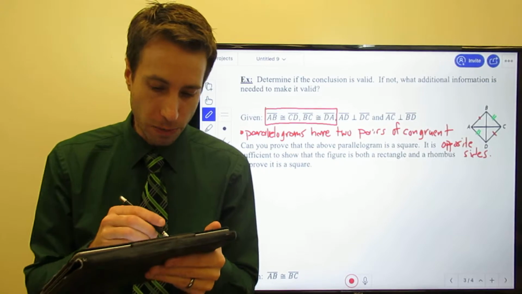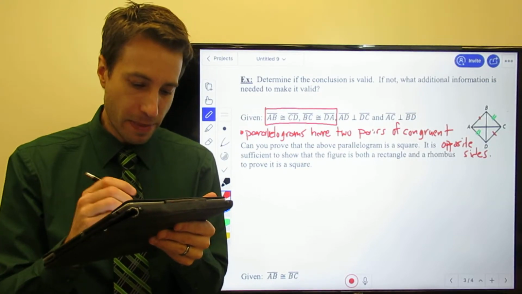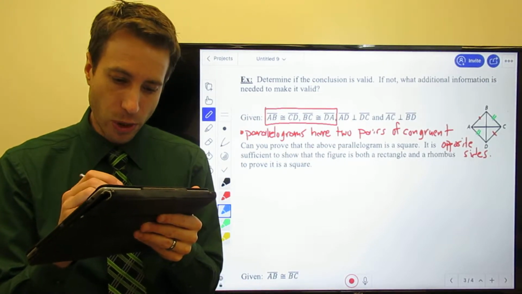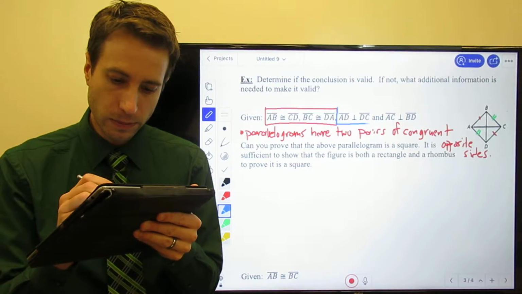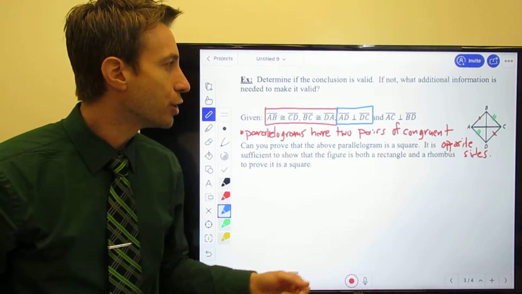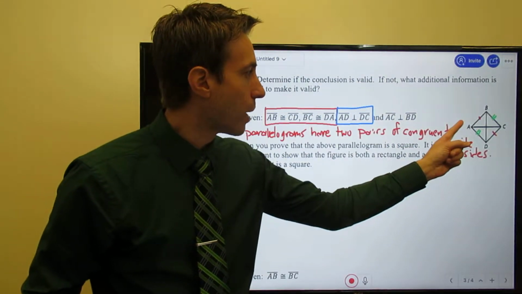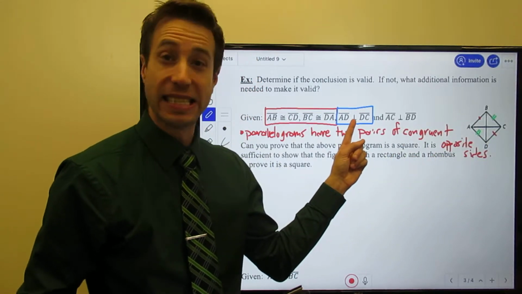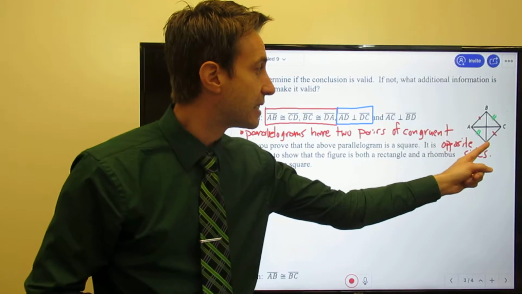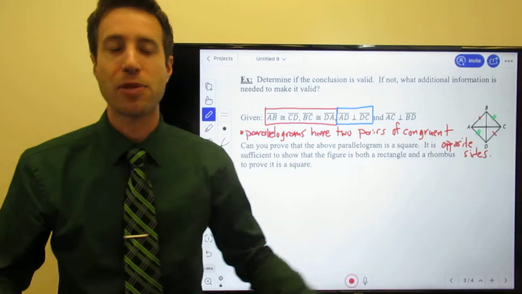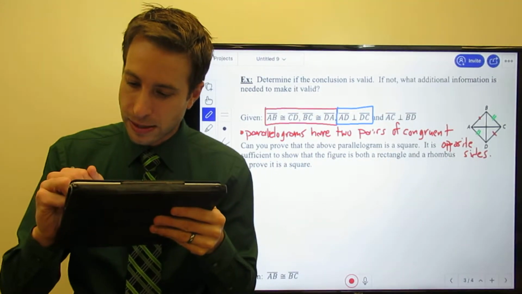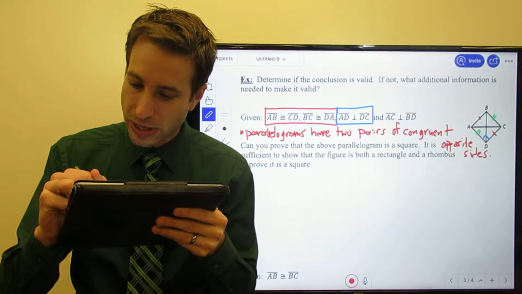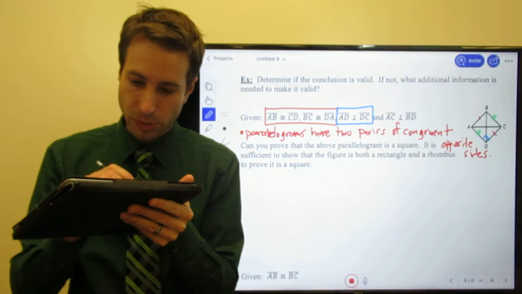So here we go. Let's take some of this information right here. Let's see, what do I tell you? I tell you that AD is perpendicular to DC. Remember, perpendicular means 90 degrees. So here's what that tells me.